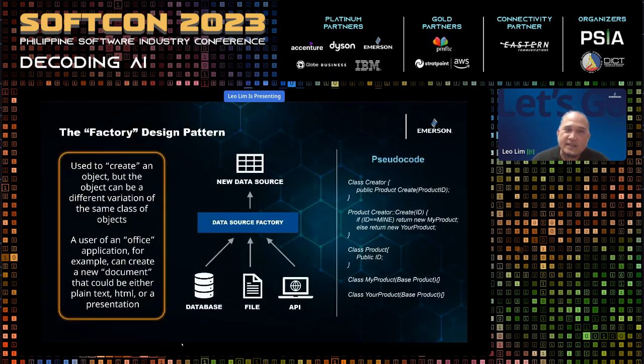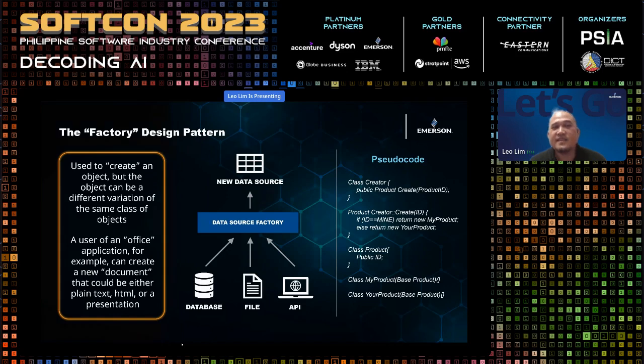So let's look at the first area, which is using traditional design patterns for software applications that leverage machine learning and AI. Here you see a sample they call the factory design pattern.